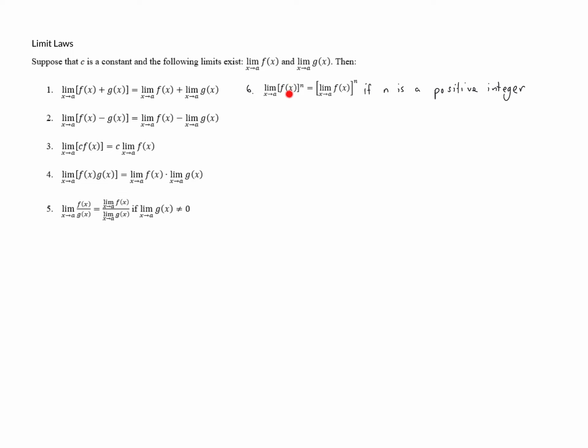Because when we raise a function to a power, like the third power or the fourth power or the fifth power, we are just taking that function and multiplying it by itself 3 or 4 or 5 times. And if we use this property, we can pull out one of the factors each time and end up having the limit of a bunch of functions being multiplied together being the product of all of those limits. And when those functions are all the same, that ends up being the limit to the nth power.